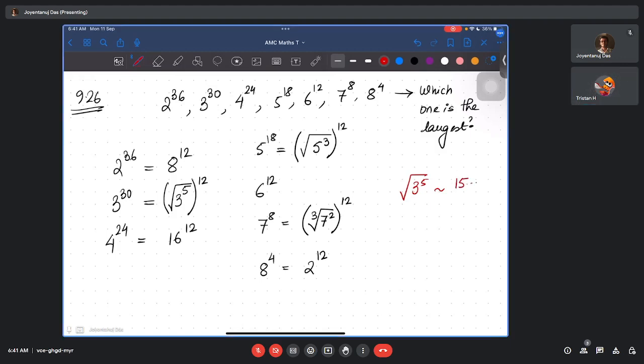What about 5 cubed? I found it to be just over 11.